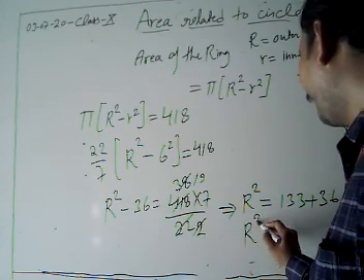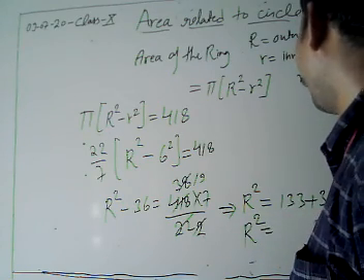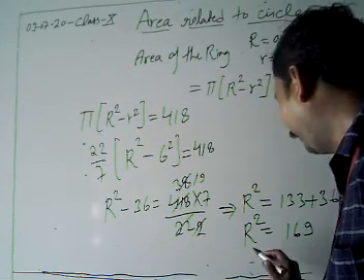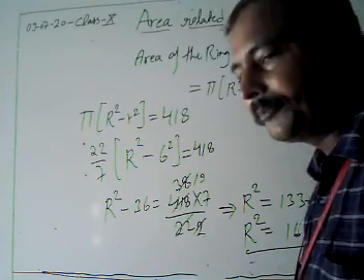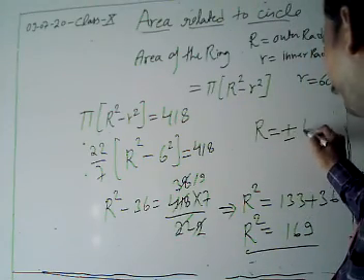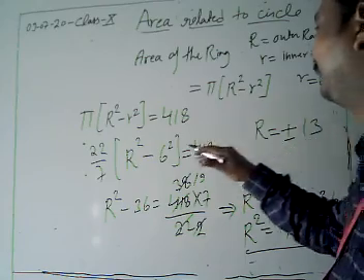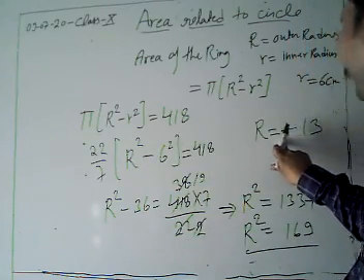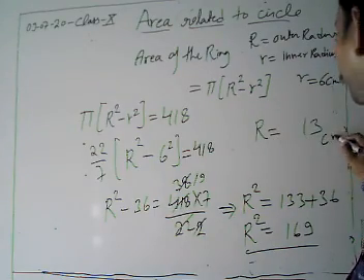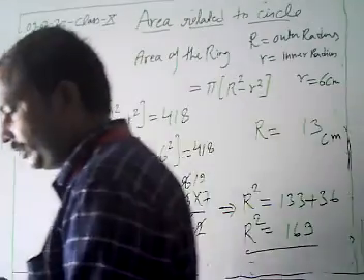Now R square is 133 plus 36, that is 169. Then R is plus minus 13. But since R is a radius, we cannot take the negative value. Then our R is 13 centimeter.